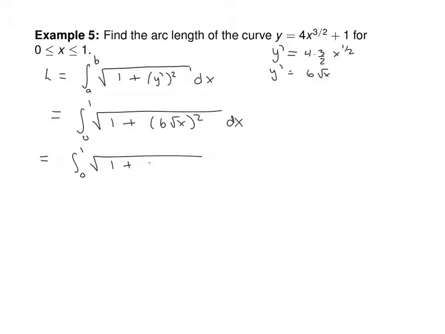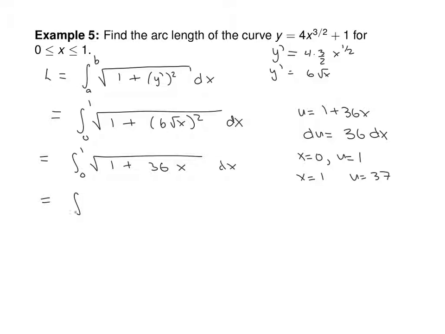So that's 1 plus 36x dx. Now if we do a substitution, let's let u equal 1 plus 36x. du is 36 dx. When x is 0, u is 1. When x is 1, u is 37.